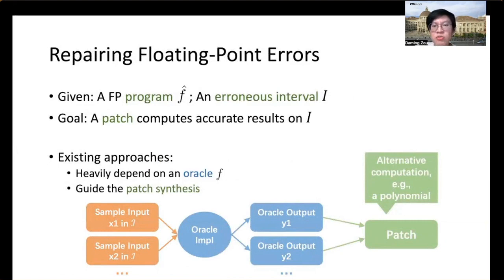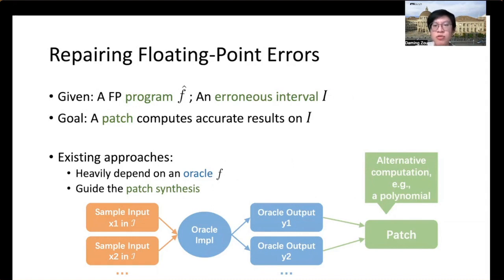To repair floating point errors, we can formulate the problem into this. Given a floating point program f hat and an erroneous interval I based on error detection technique, our goal is to generate a patch that compute accurate result on I. For existing approaches, they heavily depend on Oracle implementation F to guide the patch synthesis.